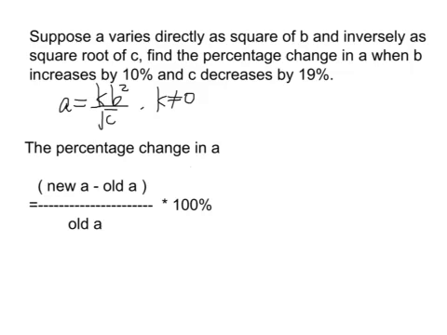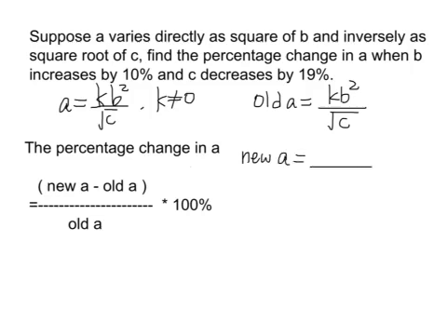Now the question is how do you put in the numbers in here, right? Well, basically your old A is this thing, doesn't change. So your old A equals KB squared over the square root of C. What about your new A? It's the same thing except you're changing your B and C. So what's your new B?